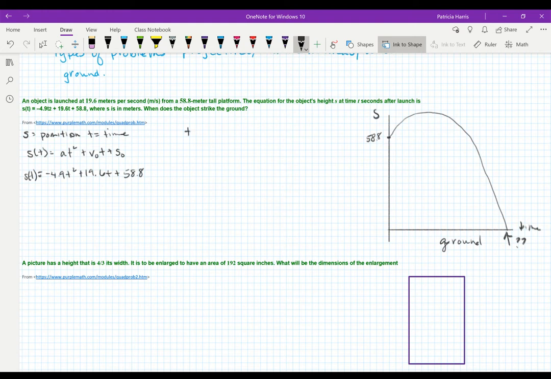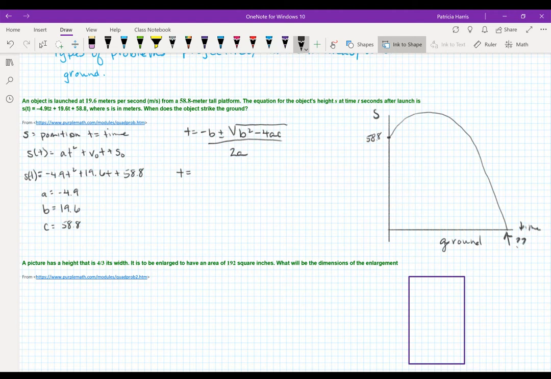So t would be equal to negative b plus or minus the square root of b squared minus 4ac, all over 2a. We're going to plug in our values. Remember that a, in this case, is negative 4.9, b is 19.6, c is 58.8.